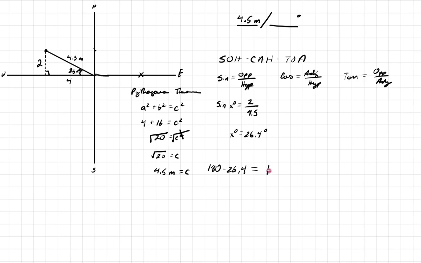So 153.6 degrees would go here, because if I started measuring from this point all the way around, that would be the degree of measurement that we use to tell us where we are.